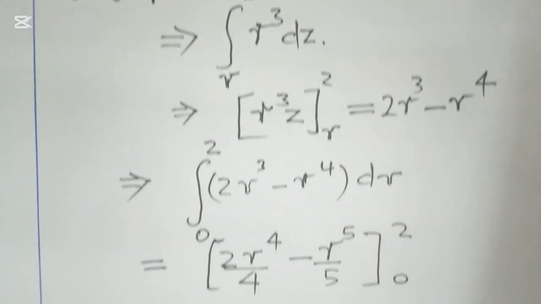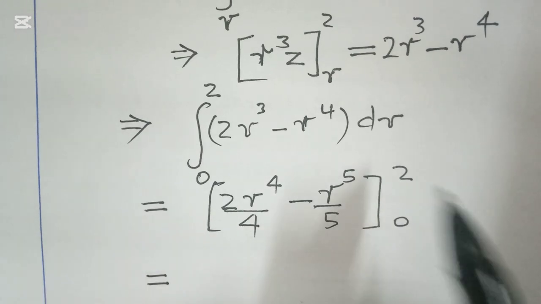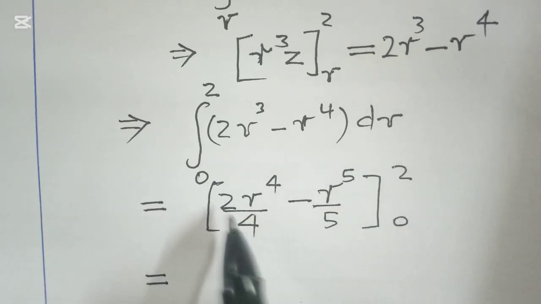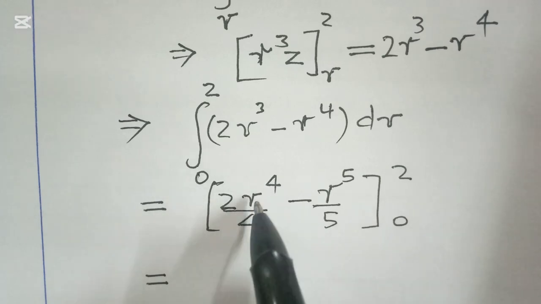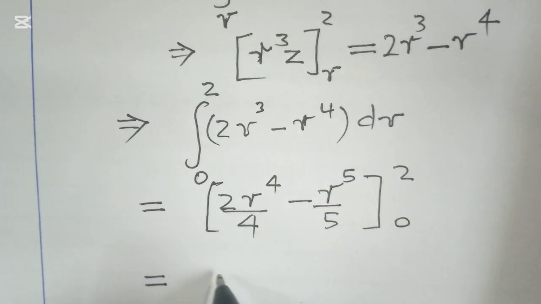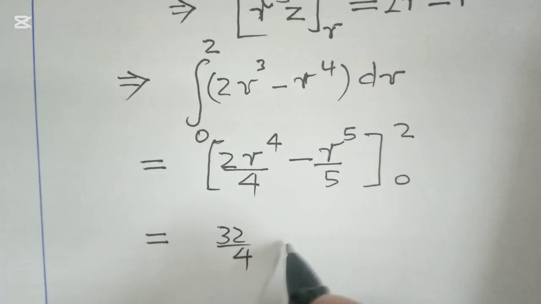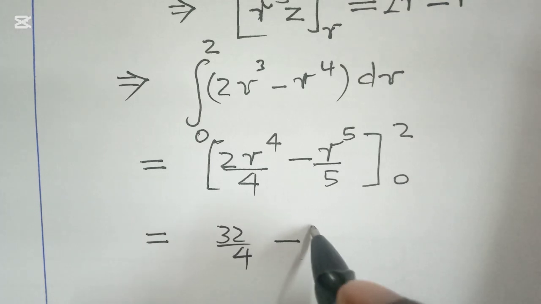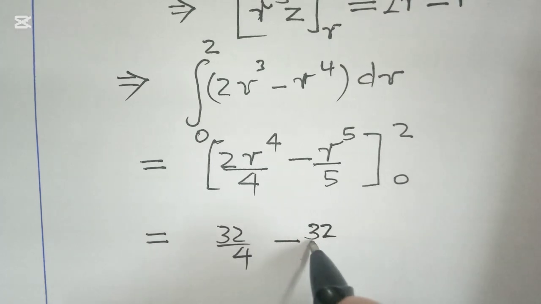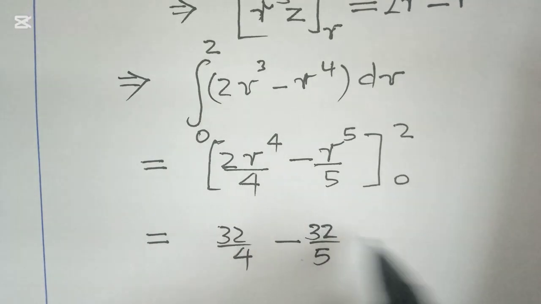And so guys, we can now come and replace for 2, because when you replace for 0, it's 0. So for 2 is going to be 16 times 2, that is 32 all over 4, minus, still this one is going to be 32 all over 5. And so guys, we are going to find this.